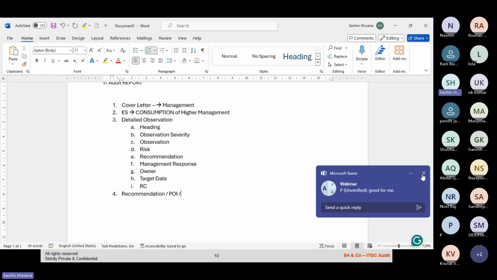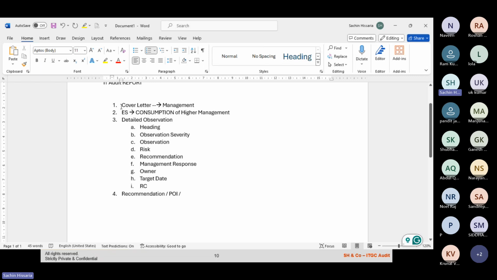Okay, so guys, basically this is the outline of any audit report. Okay, cover letter, executive summary, a detailed observation para, recommendations, then point of improvement. Okay, and then at the end of the report you will see disclaimers. Now disclaimers are also a very important thing in your audit report.